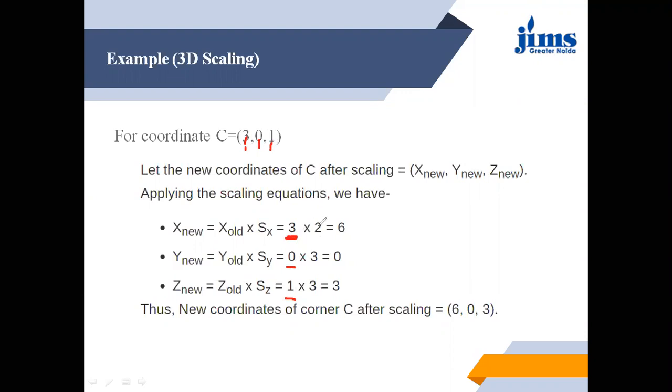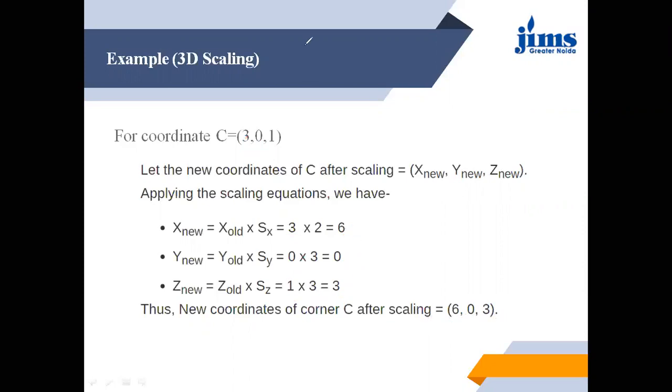The scaling factors are 2, 3 and 3 on the x, y and z axes. So 3 multiplied by 2 is 6, 0 multiplied by 3 is 0, and 1 multiplied by 3 is 3. So the new coordinates of point C are 6, 0 and 3.